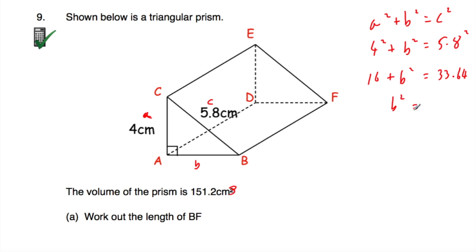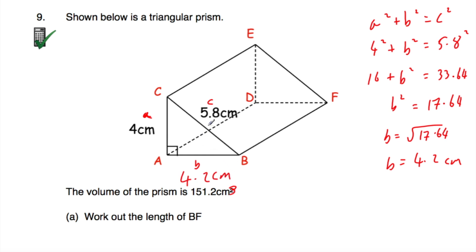On the right hand side we'll be left with 17.64. Then if we square root that, the square root of 17.64 is equal to 4.2. So B is equal to 4.2 centimeters.